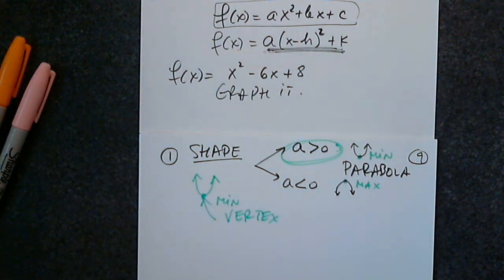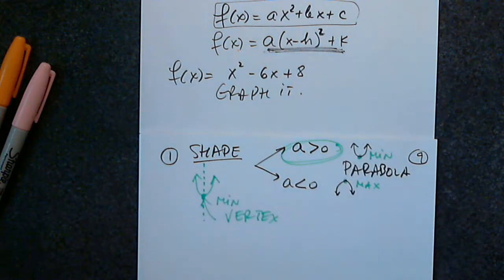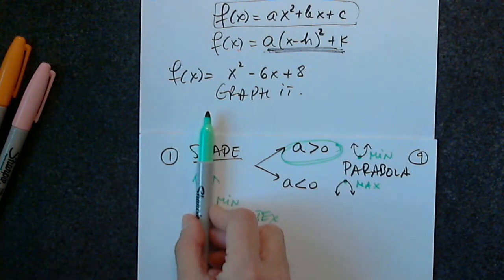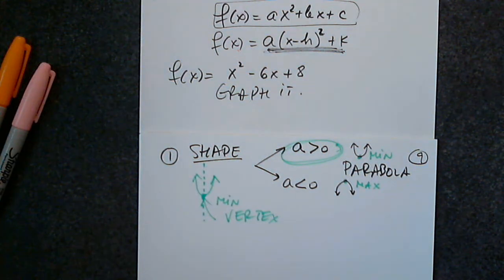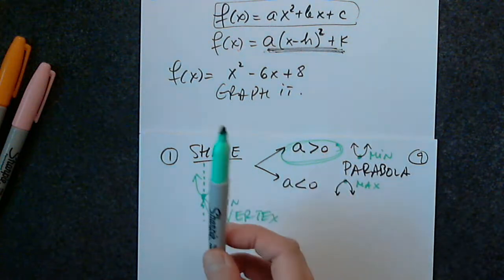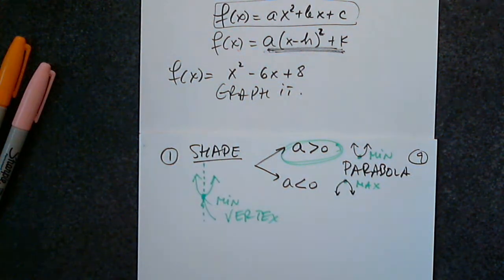Only for quadratic functions. No other function has a vertex. Also, we already know because we graphed this function so many times in transformations, it has its own axis of symmetry. I'm not talking about odd or even. I'm talking about the fact that this graph is symmetric with respect to the vertical line that passes through the vertex. So keep that in mind.